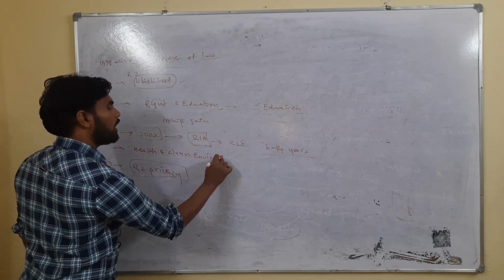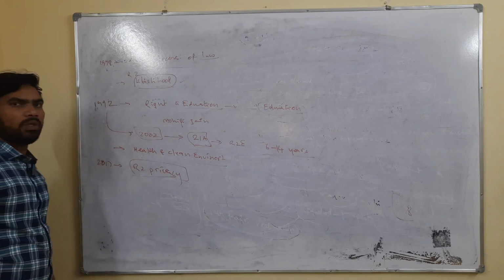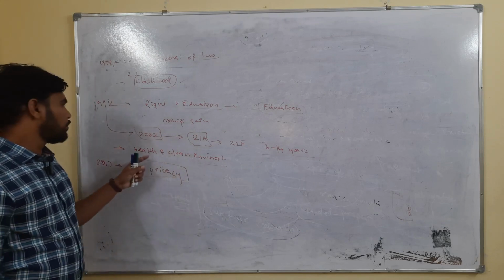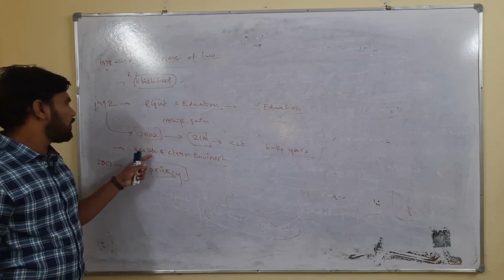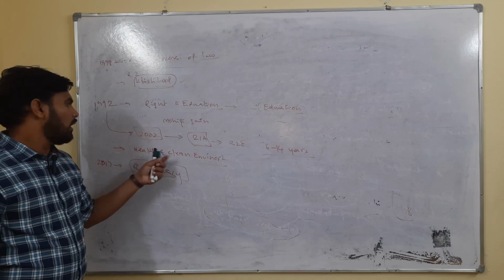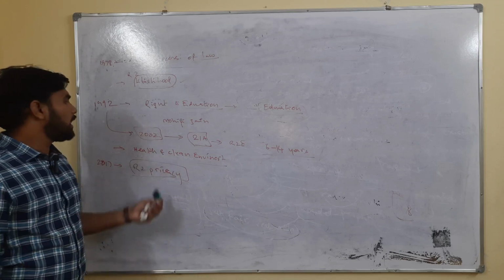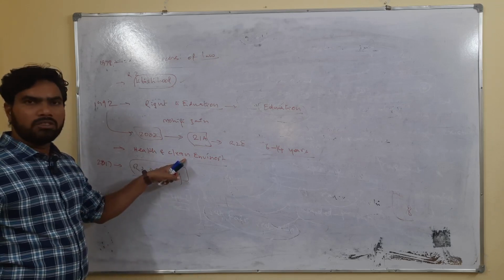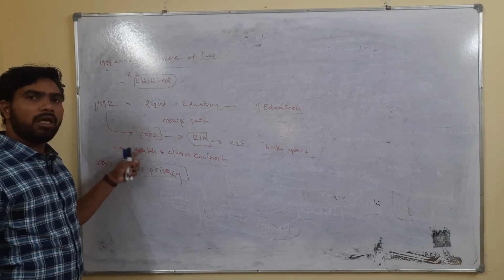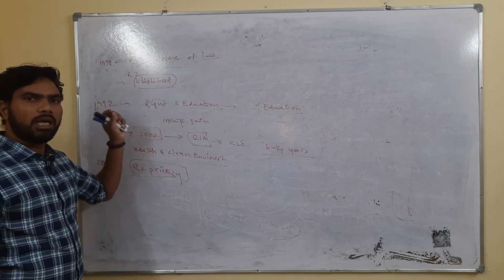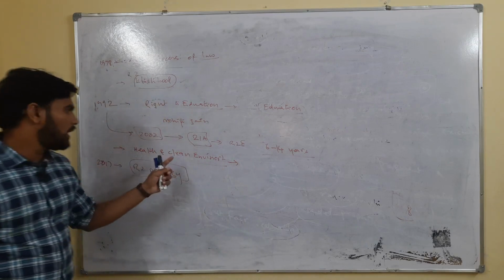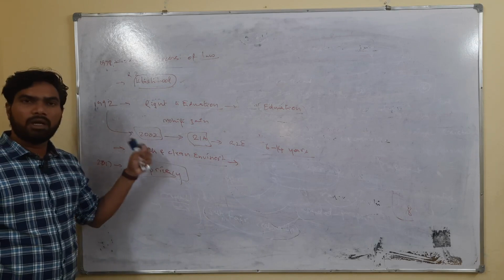This was in the MC Mehta versus Union of India case. People have right to life, and that right is threatened when healthy conditions and a healthy environment are not there. Because of pollution, people's health is impacted, and they are losing their right to life. So right to health and clean environment is a fundamental right.